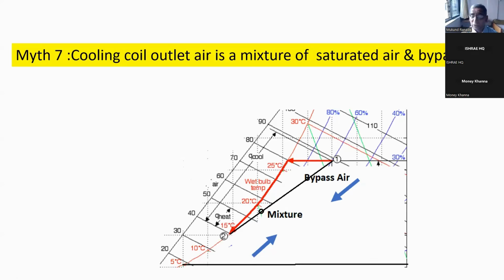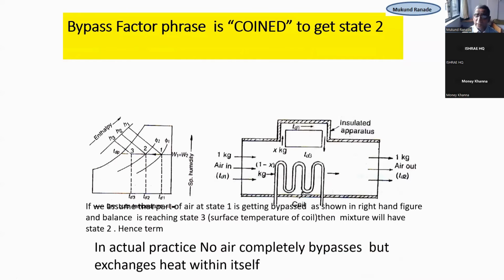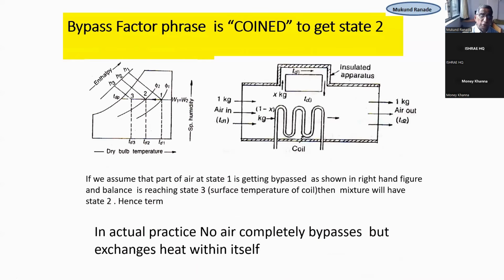But actually this is not a fact. Let us understand how it is. The bypass factor is a phrase coined to get state 2 because it is very convenient. For example, take simple sensible cooling, where we have a coil at a surface temperature of 3 and the air entering the coil is at 1.